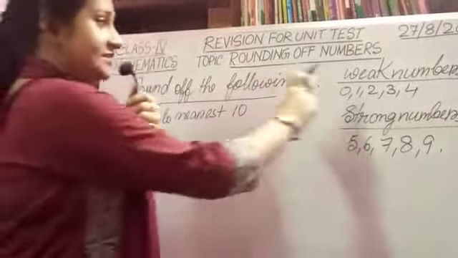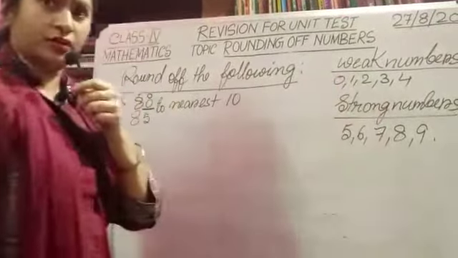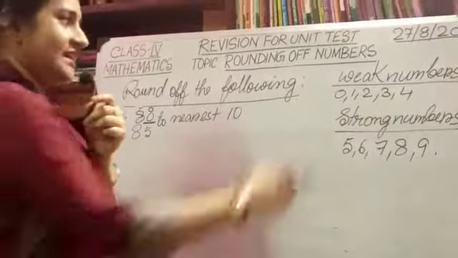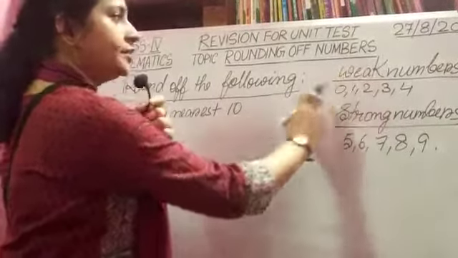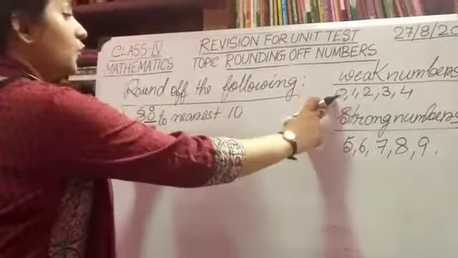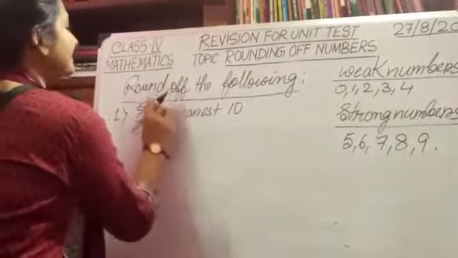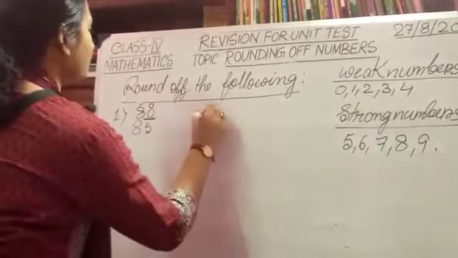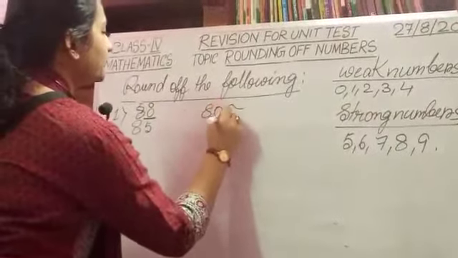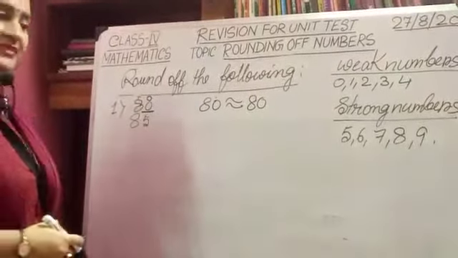Now, children, see here carefully. 0 is a weak number or a strong number? It is situated under the weak number column, right? If it is sitting under the weak number column, then 80 can be rounded off to 80 only, right?